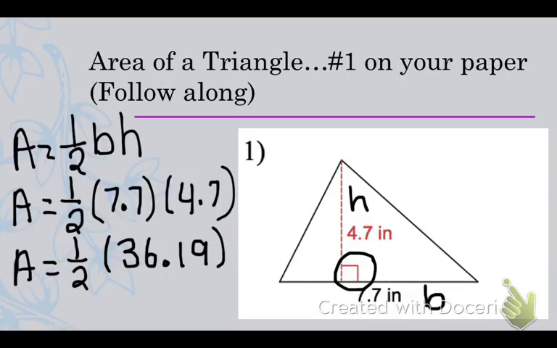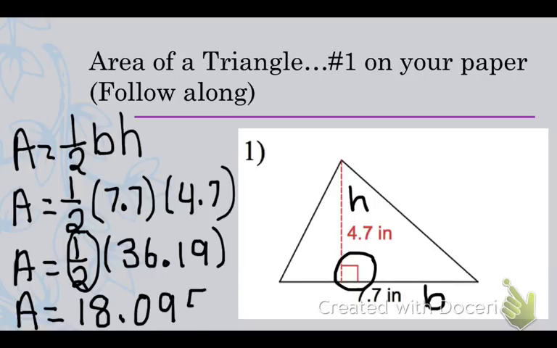Alright, now it says to multiply by a half here. Alright, what I would like you to do, instead of multiplying by a half, we're going to divide by 2 because it means the exact same thing. So we're going to take 36.19 and divide it by 2. So A equals 18.095.